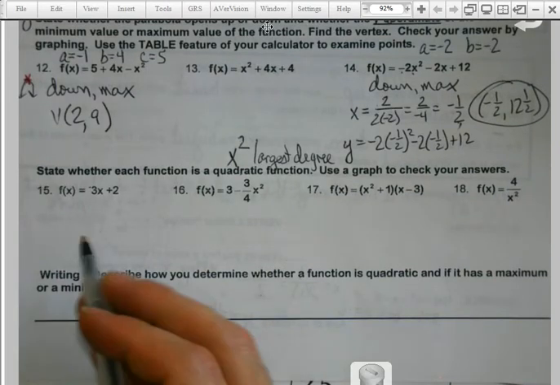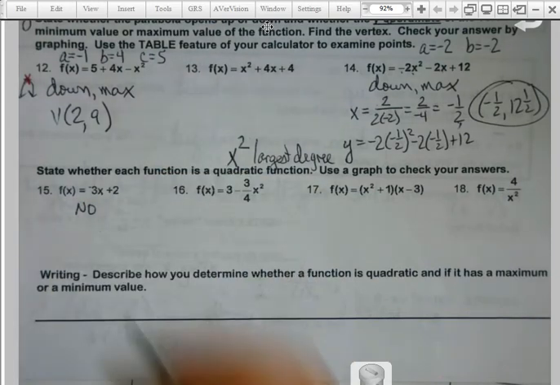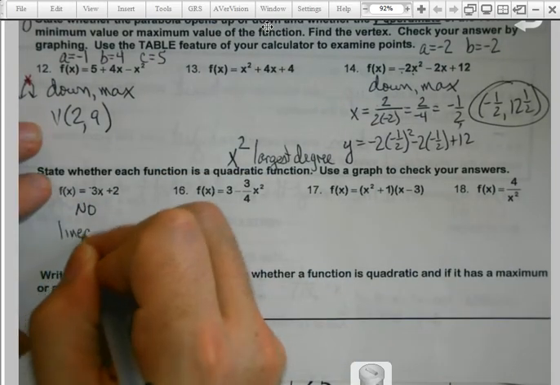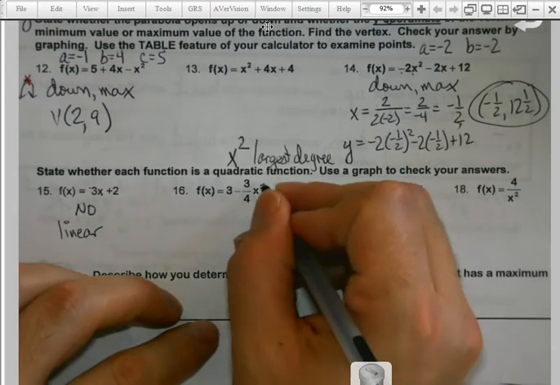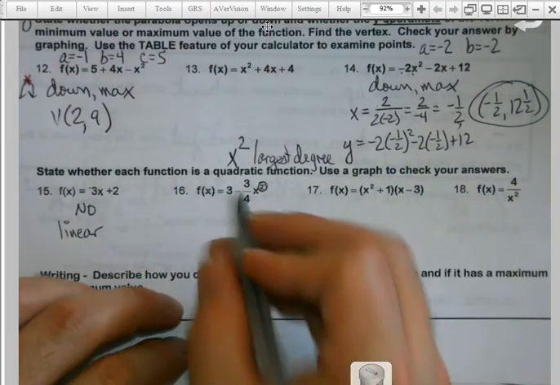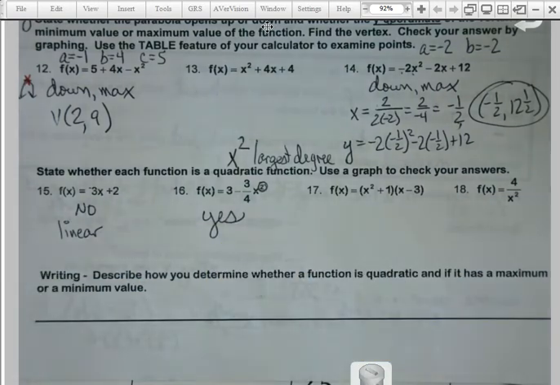So for instance, 15 is no, because my exponent would be 1, which makes this a line, or makes it linear, okay? There's no curve to this. There's no u. If I were to graph it, it's just a straight line. But when I get to 16, that's what I'm looking for. There's my squared. So yes, that would get me a quadratic. But then I still have to be careful, because there's kind of some sharks in the water here.